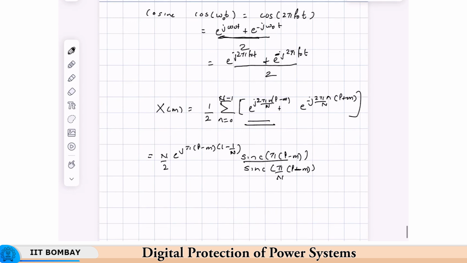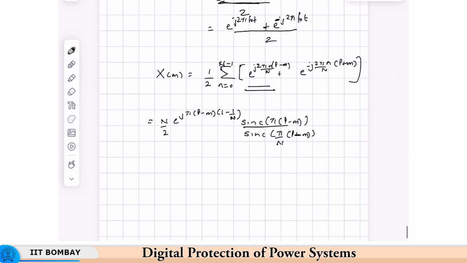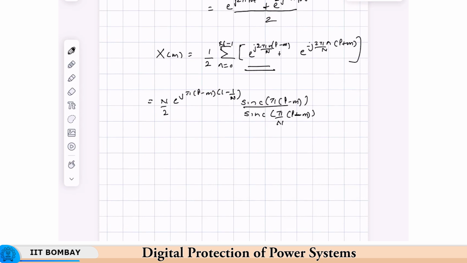And for this part we simply replaced m by minus m, so we get p plus m, and this is sinc.